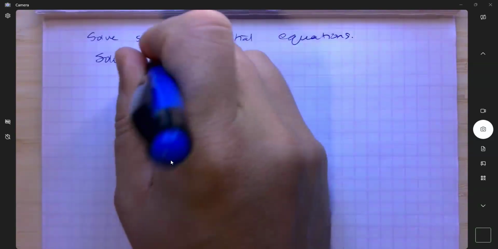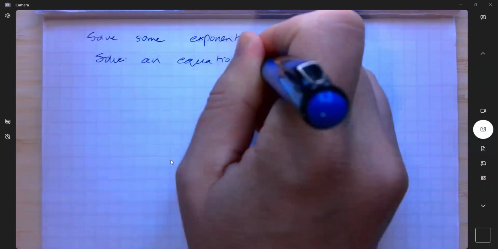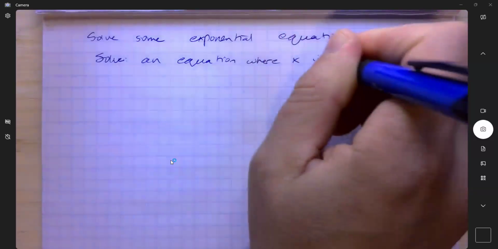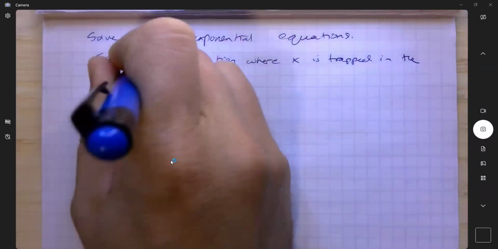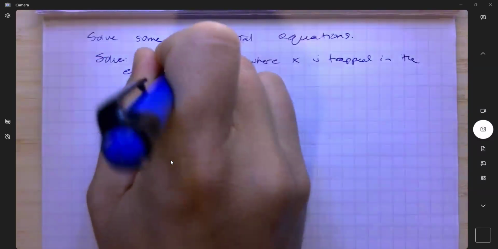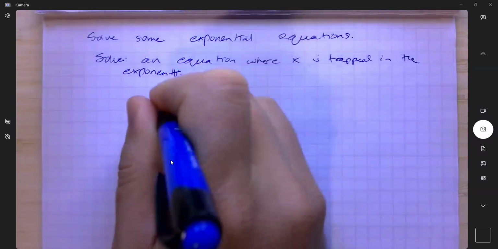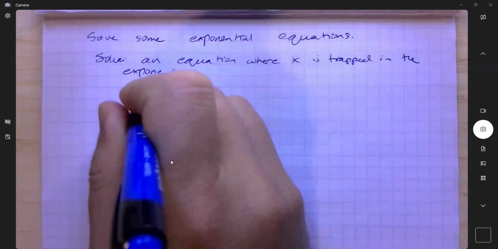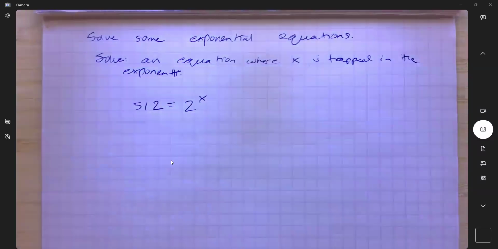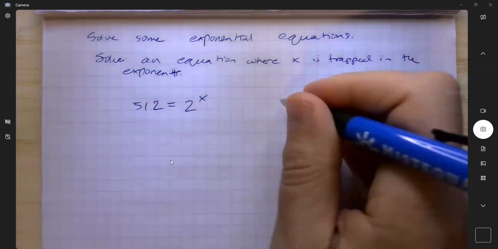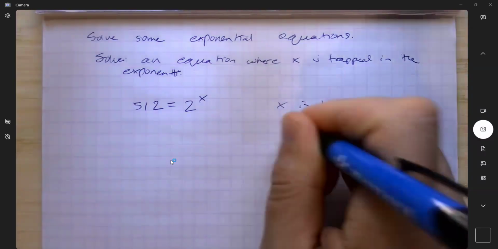Let's solve an equation where x is trapped in the exponent. These are exponential equations. So it could be something like 512 equals 2 to the x. X is trapped in the exponent.